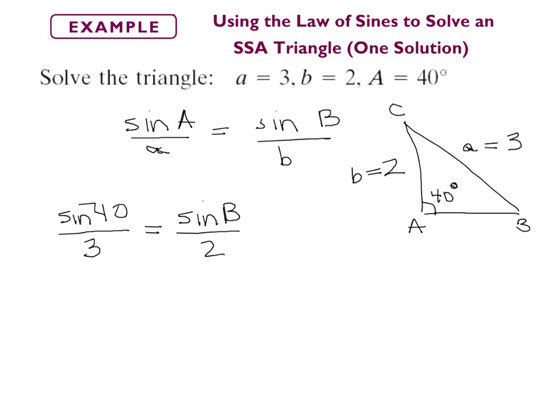Well, we know the sine of B is opposite over hypotenuse. So it'd be like sine 40 over 3 equals... This is not a right triangle. Let me redraw it so that you know it's not a right triangle.